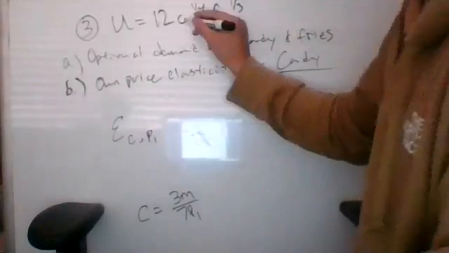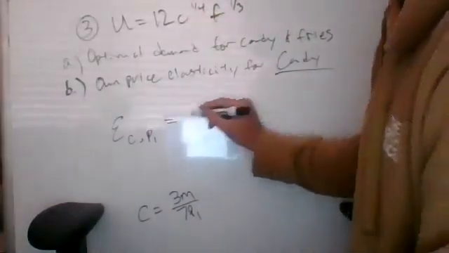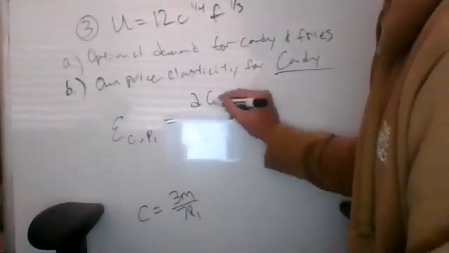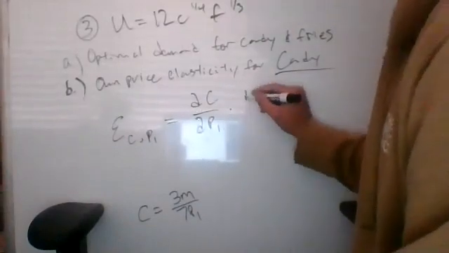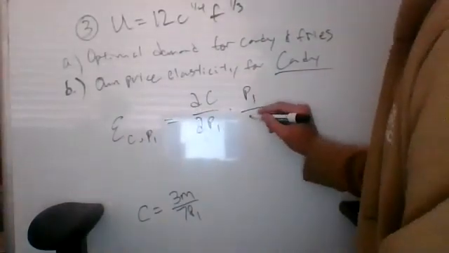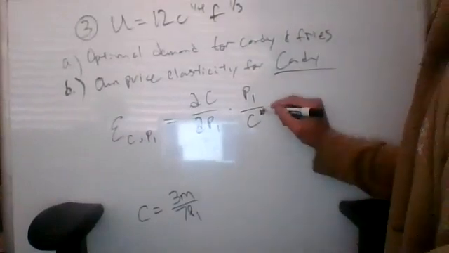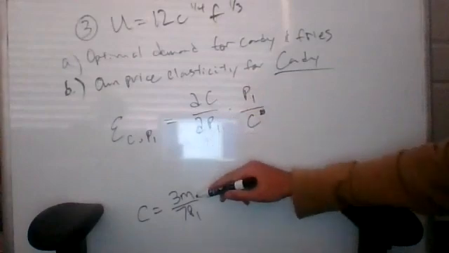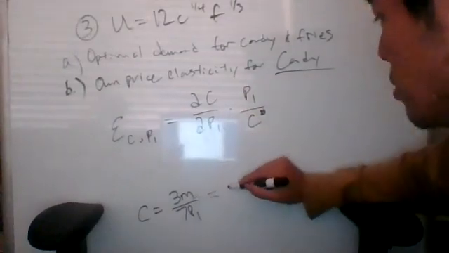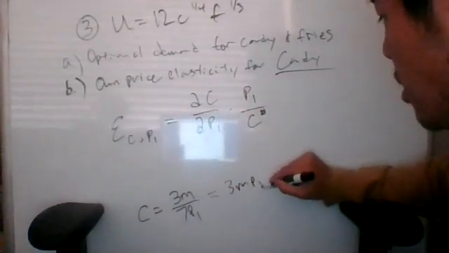So P1 refers to candy right here. This is equal to the derivative of candy with respect to P1 times P1 over C star.